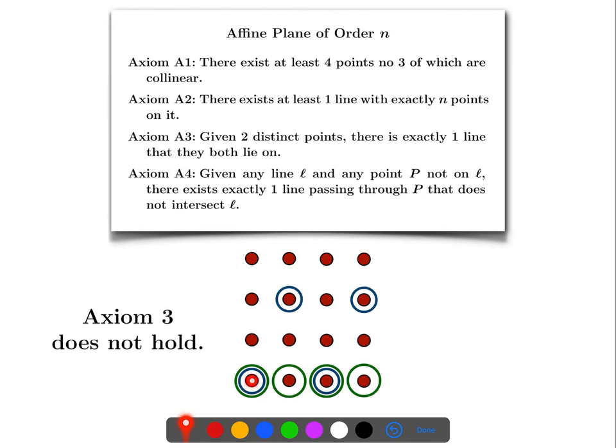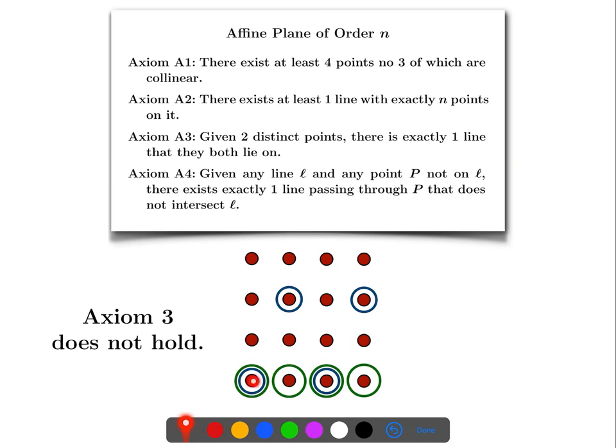According to axiom A4, if this is L and this is P, there can only be one line passing through P that's parallel to L. Well, the blue line passing through these circled blue points passes through this point, and so does the green line.